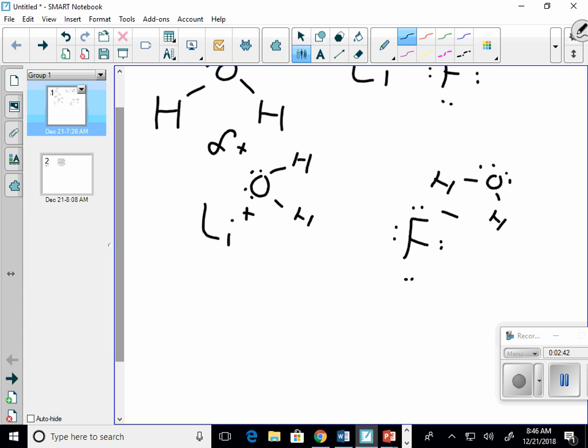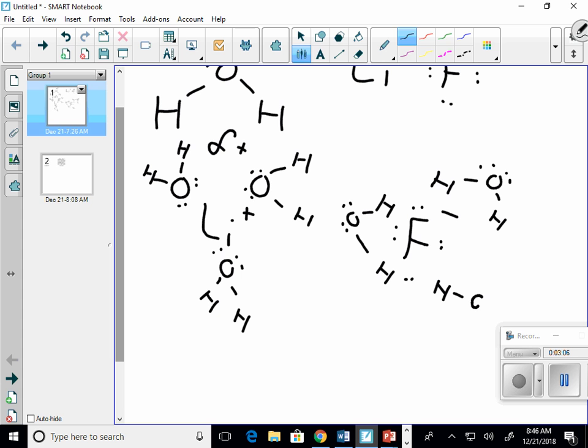Last thing to note is that dissolving requires multiple water molecules to surround. I usually show a minimum of 3 water molecules around each ion to demonstrate that.